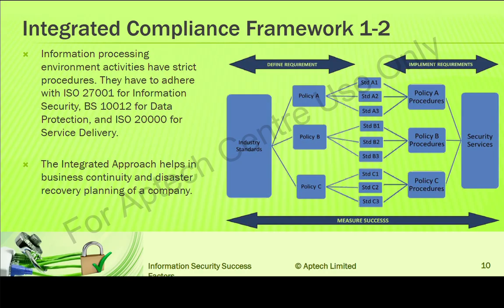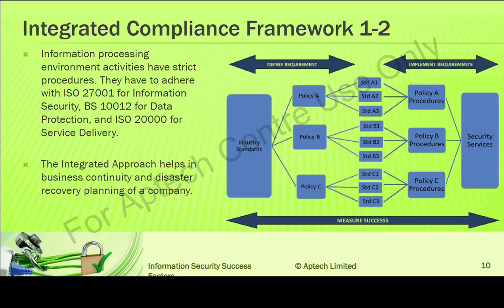How to pick the industrial standard framework. From there, you go to policy A, policy B, and policy C, which depends on the ISO 27001 for information security and data protection, and we also have the service delivery, which is ISO 20000. All of them are here.